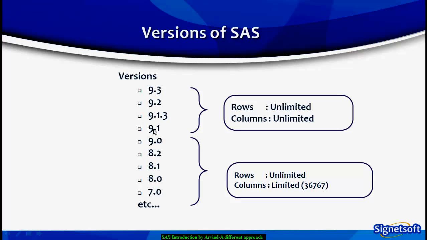But from 9.1 and above versions, SAS doesn't have any limitation for number of rows or columns. Whatever may be the size of the data, SAS can handle easily. And even though the data is huge, it doesn't lose the accuracy when it is performing statistical analysis on the data. That is the specialty of the SAS software. That is the reason whenever client requires accuracy on his data, then he will prefer SAS software.